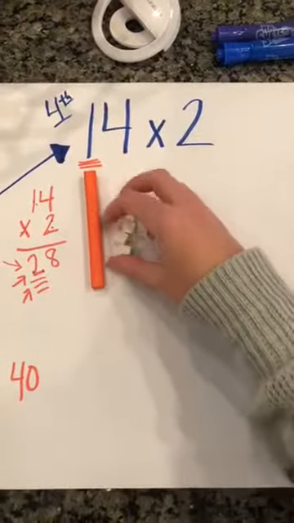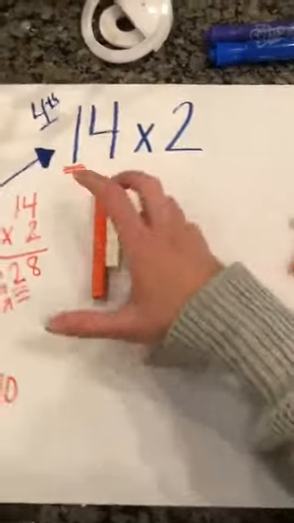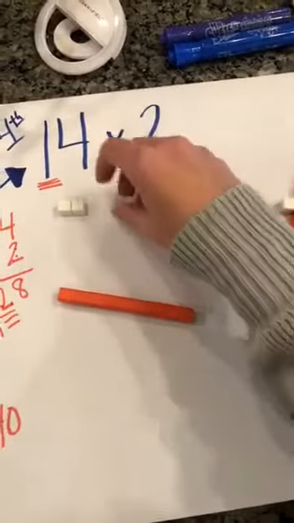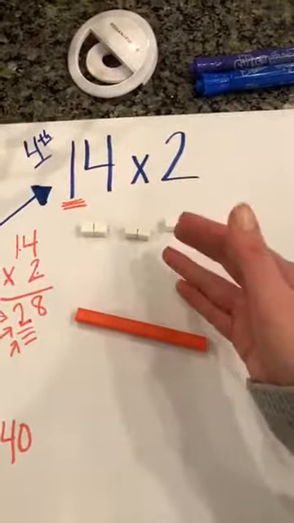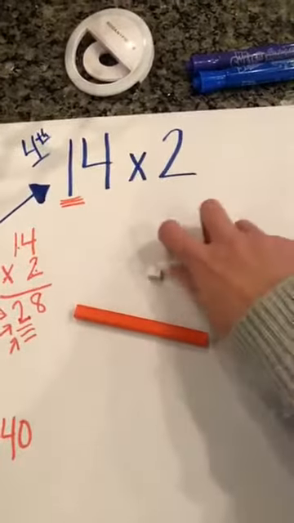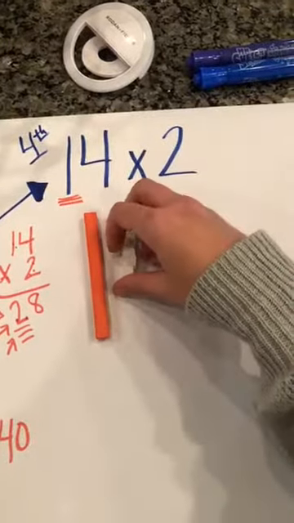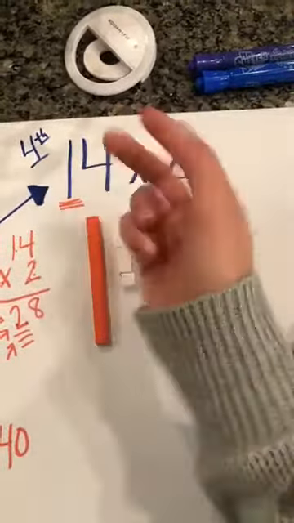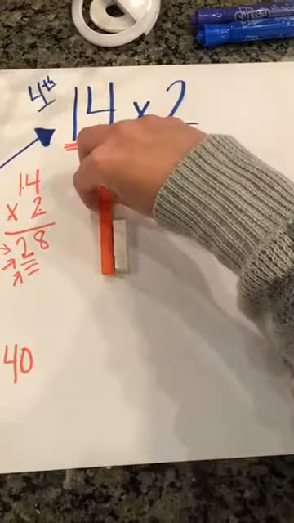Now, if I have 14 groups of 2, I can sit here and model 14 groups of 2. But eventually, the students are going to start seeing how finding 2 groups of 14 is probably easier, right? As long as they understand what these mean interchangeably, they can then understand what it means conceptually.